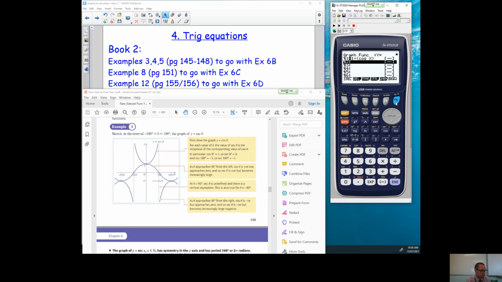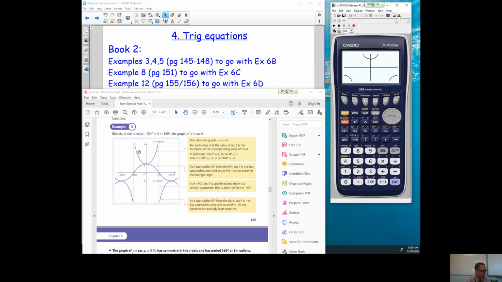That's good. I'm going to draw it, doesn't look good. V window, trig, and we want it in the interval minus 180 to 180. So minus 180, execute, 180, execute. Hopefully it'll look like this one, which it does.